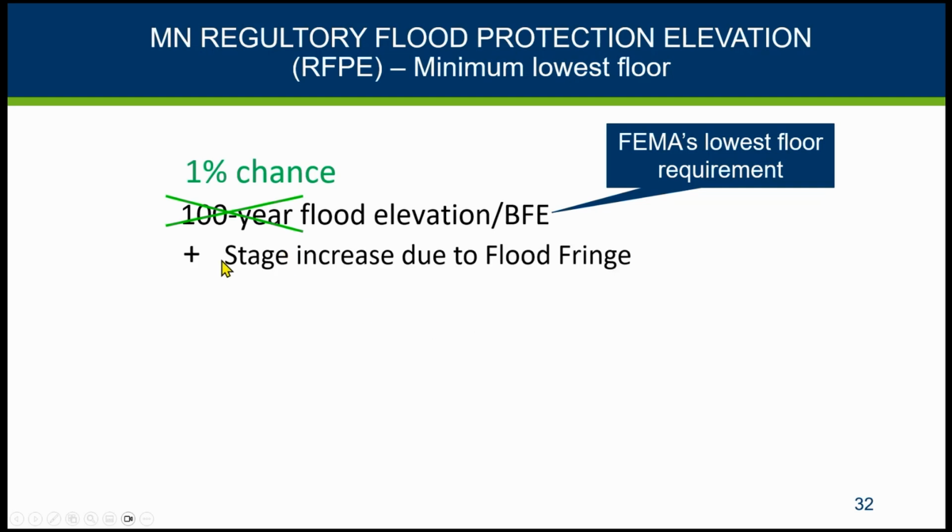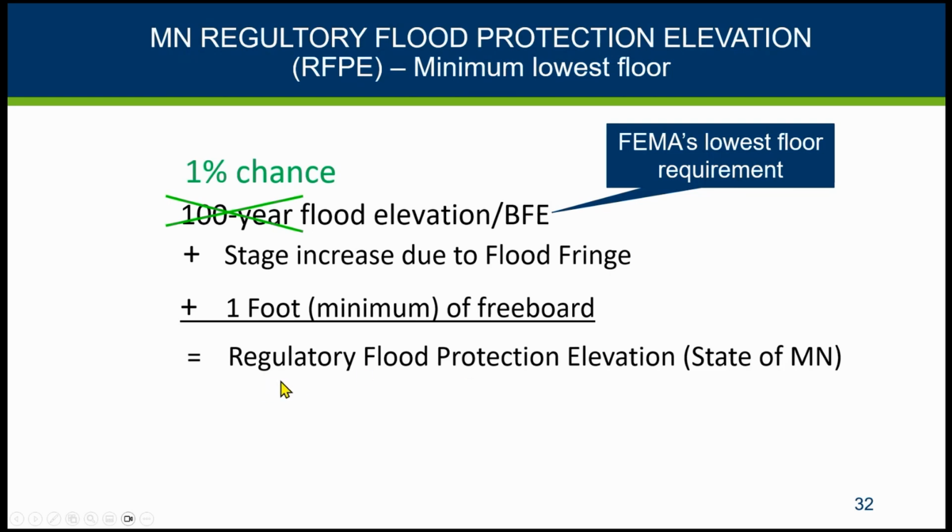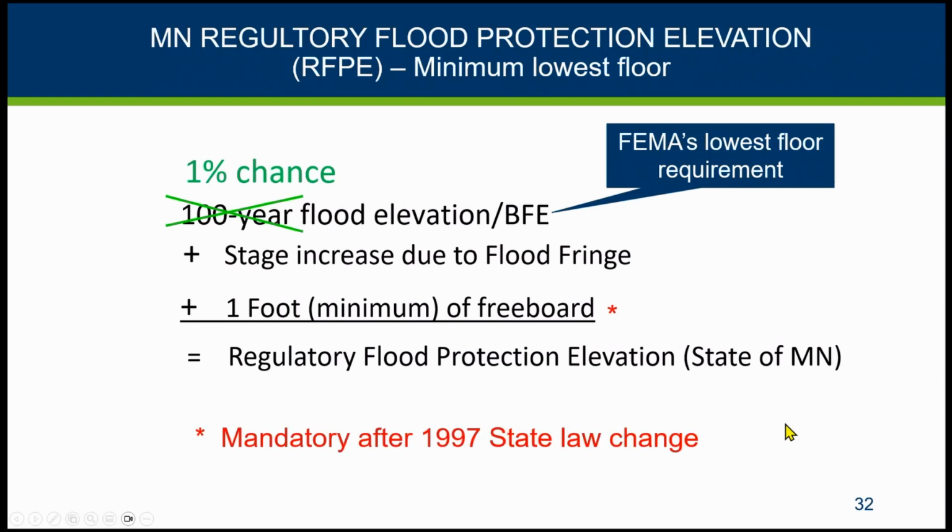We said it's legal to cause up to half a foot of increase by allowing filling in that flood fringe area. We're going to add in that increase because that's the real flood elevation, what it is after you take that filling into account. And we have a foot of freeboard. So that's our regulatory flood protection elevation, and that will be what your low floor requirement is.